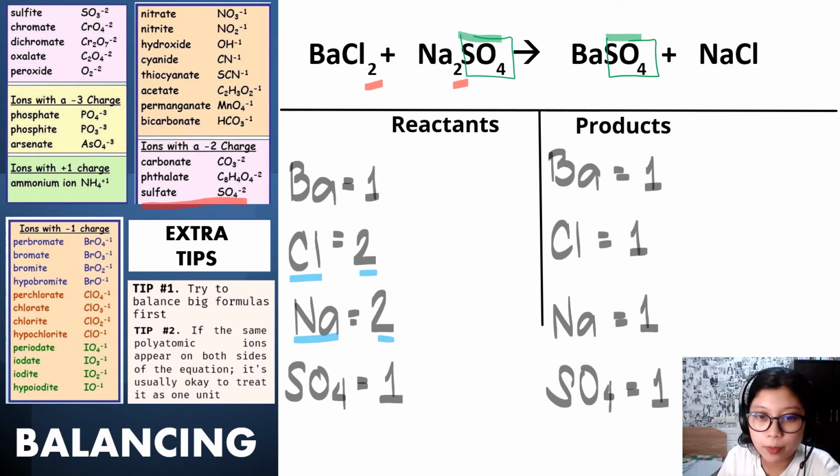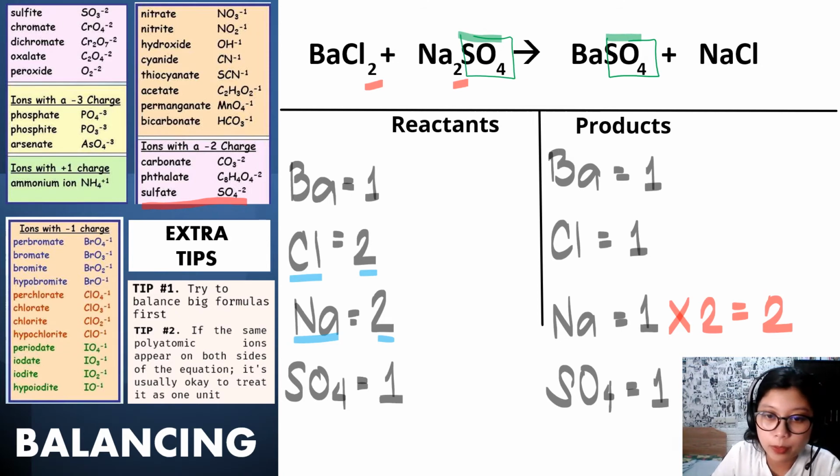For Na to be balanced, because Na in the reactant side has 2, while in the product side it only has 1, for them to have an equal number of atoms, I will multiply the Na in the product side by 2. Thus, I will have 2 atoms. Since I multiplied Na in the product side by 2, I will place the coefficient 2 before NaCl.